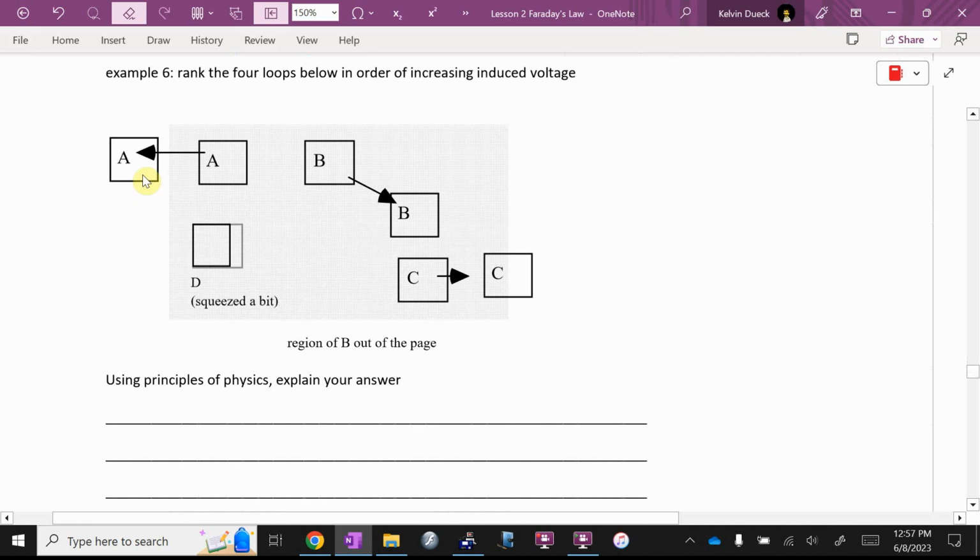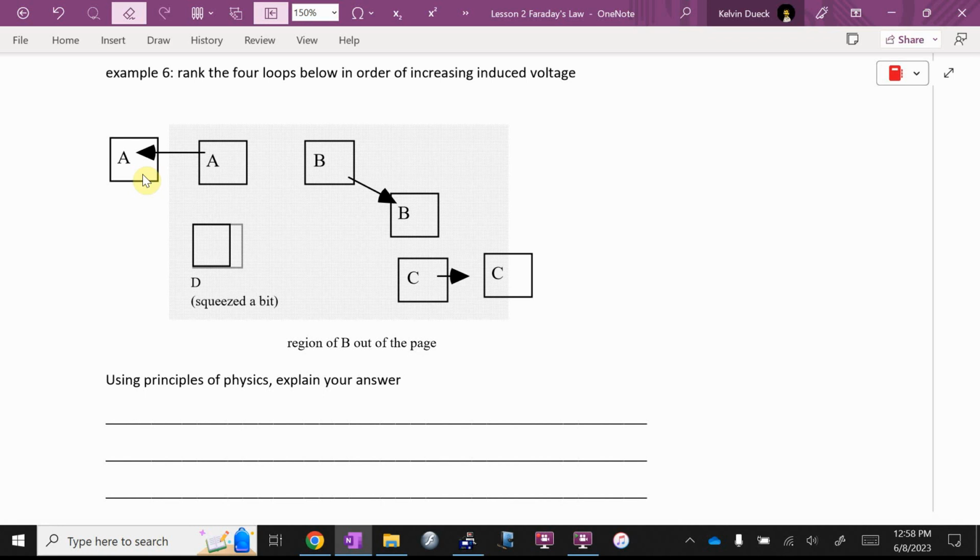Example 6 says, rank the following in order of increasing induced voltage. Okay. Which of these would create the largest? Oh, sorry. In order of increasing, which of these would create the smallest? Start with the smallest. I'll give you a hint. One of these will have zero induced voltage.